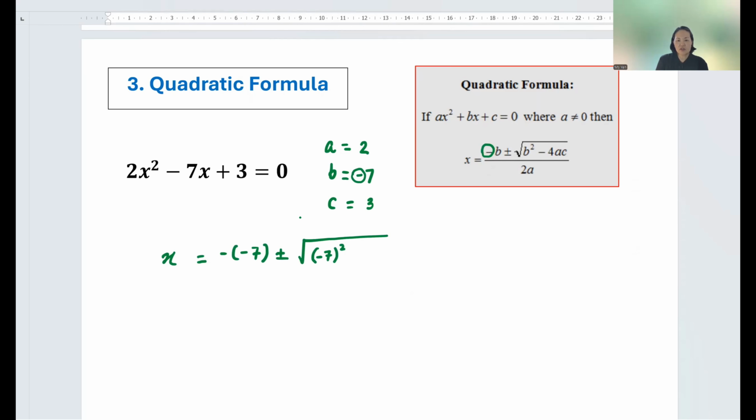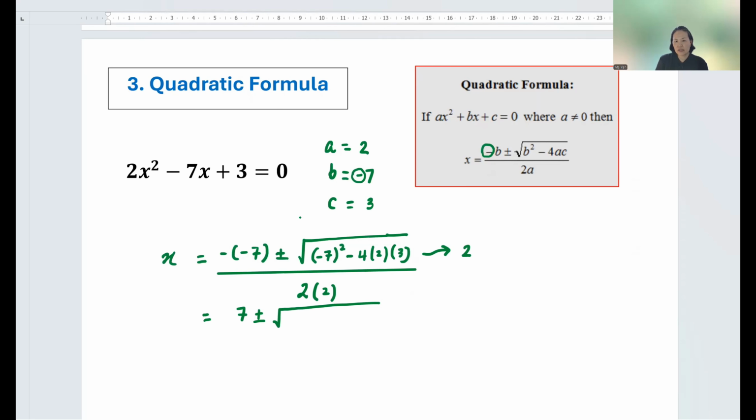So minus 7 squared minus 4, a is 2 and c is 3. And then I'm going to divide the whole thing by 2 times a, which is 2. Equals minus minus 7 is just plus 7, plus minus. Please use your calculator for this one. So when you put that into your calculator, you will get 25.